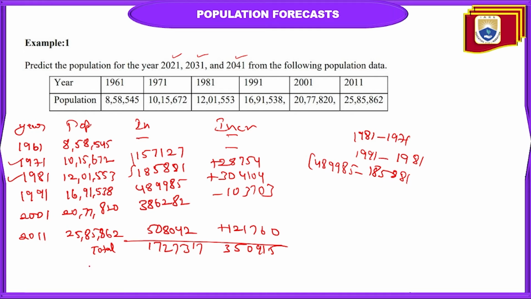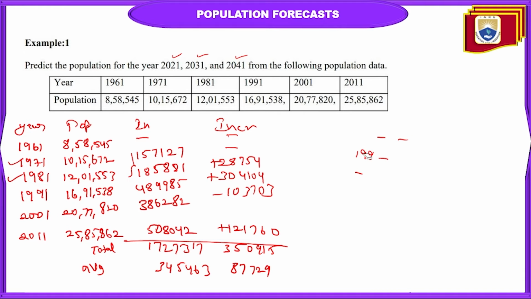The average we need to calculate again. The average is the total divided by 1, 2, 3, 4, 5 values. So the average here will be 34,5463, whereas here the average is 87,729. So this is a way of calculating, but this is not yet solved. We need to calculate the population in 2021, 2031 and as well as 2041. This is the basic data we will use for the calculation.